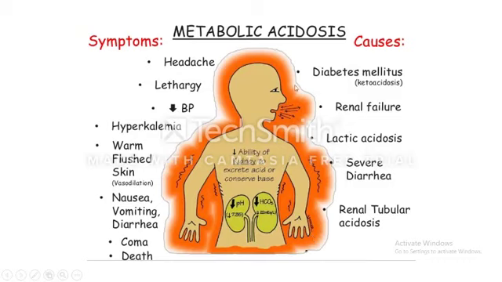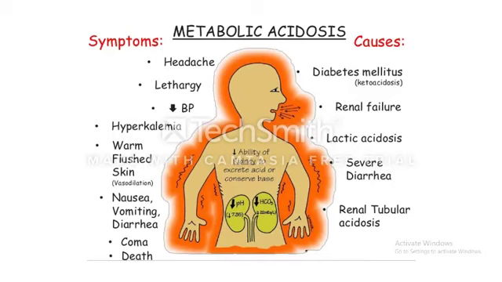Metabolic acidosis, their symptoms and the causes. Symptoms: if someone is having headache, lethargy, low blood pressure, hyperkalemia. Hyperkalemia is basically the condition when potassium is high in our body fluids. We discussed this in our previous lecture. Warm flushed skin, nausea, vomiting, diarrhea, coma, and all these, if not treated, can lead to death.